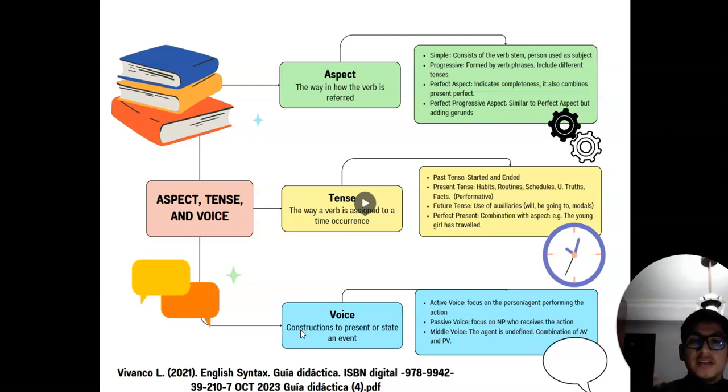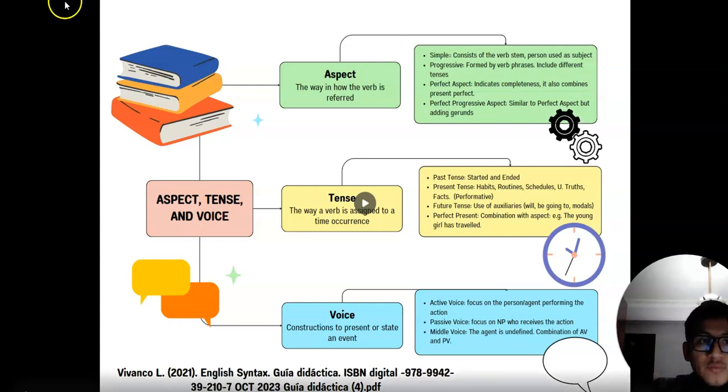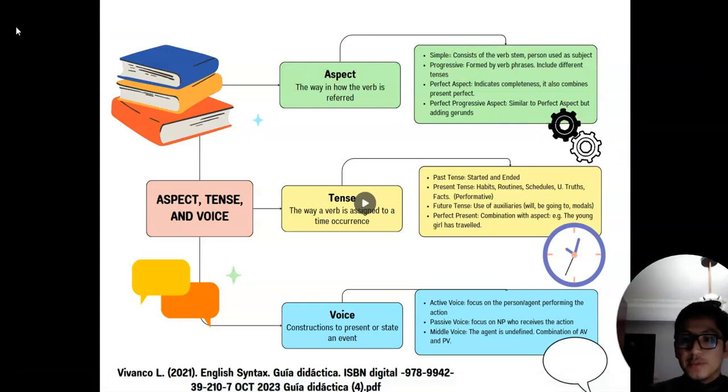Well, that will be all about these structures. So why is it important for us to know this knowledge? Well, I think that as future teachers, the mastery of these types of content ensures us to be able to teach correctly and properly to our future students.